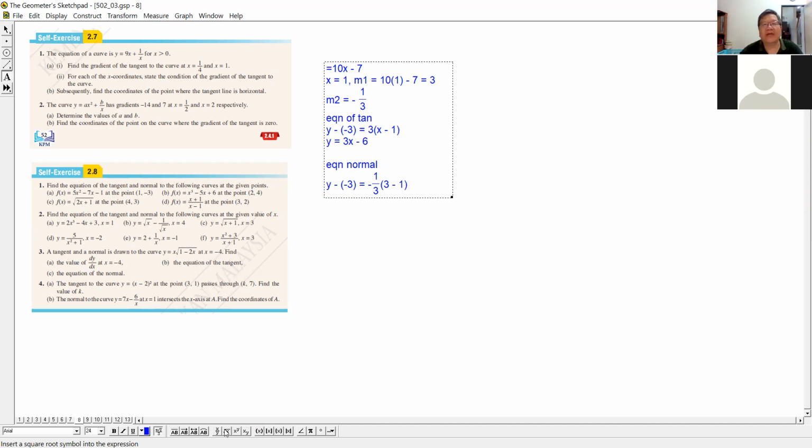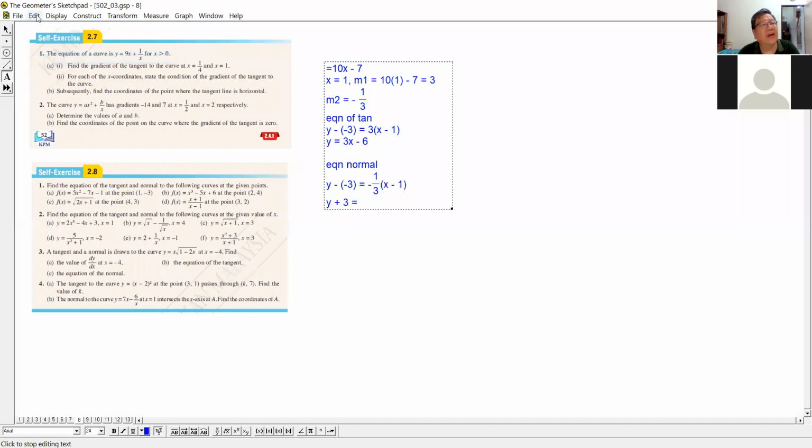Now how to simplify? y plus 3 equals negative 1 over 3 times x minus 1.